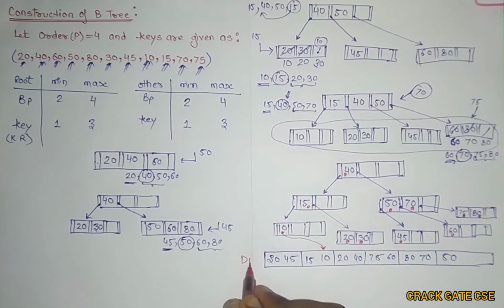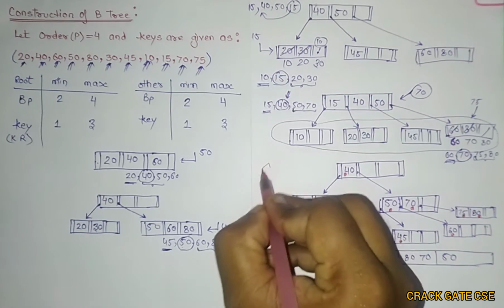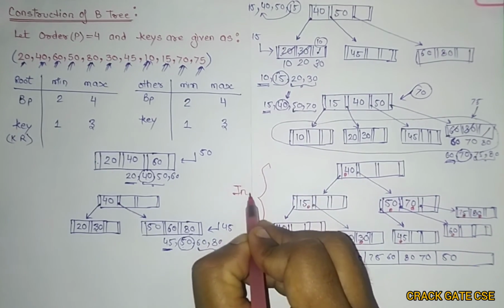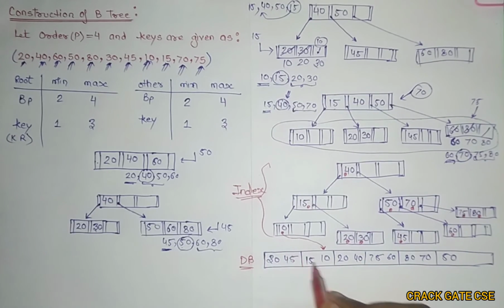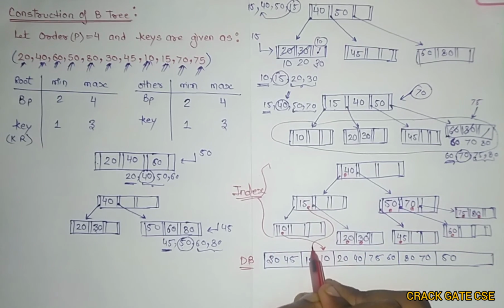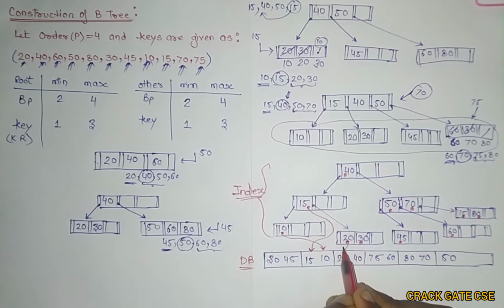So this is our database file and we know that this is our indexing, right? So this 10 is using a record pointer to represent its location. Similarly, this 15 will be representing its location, 20 will be representing its location, right?